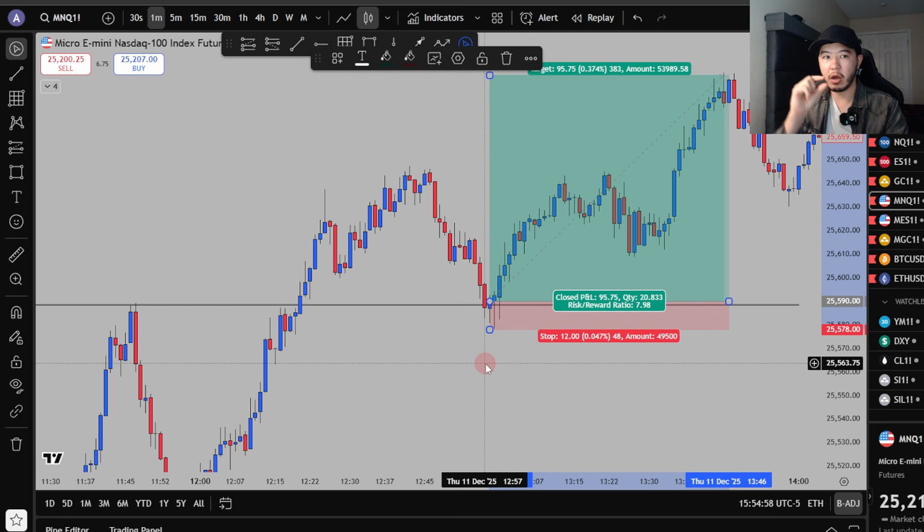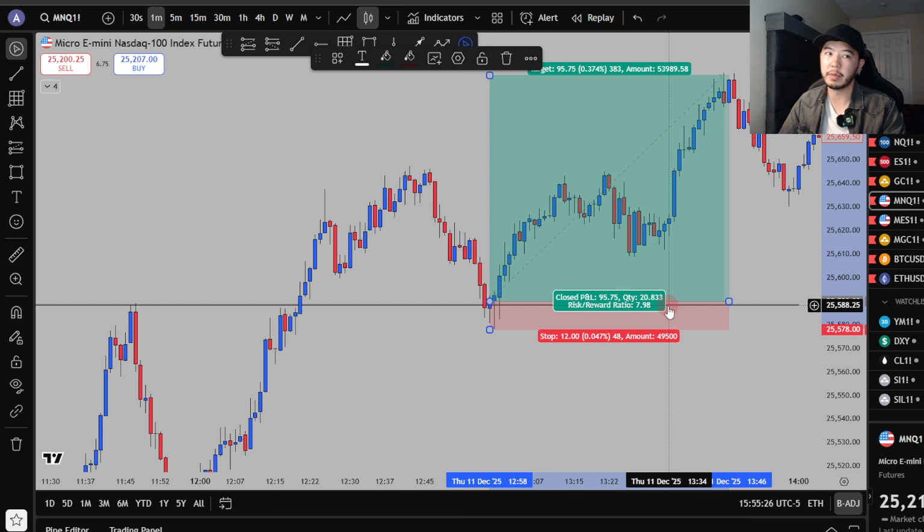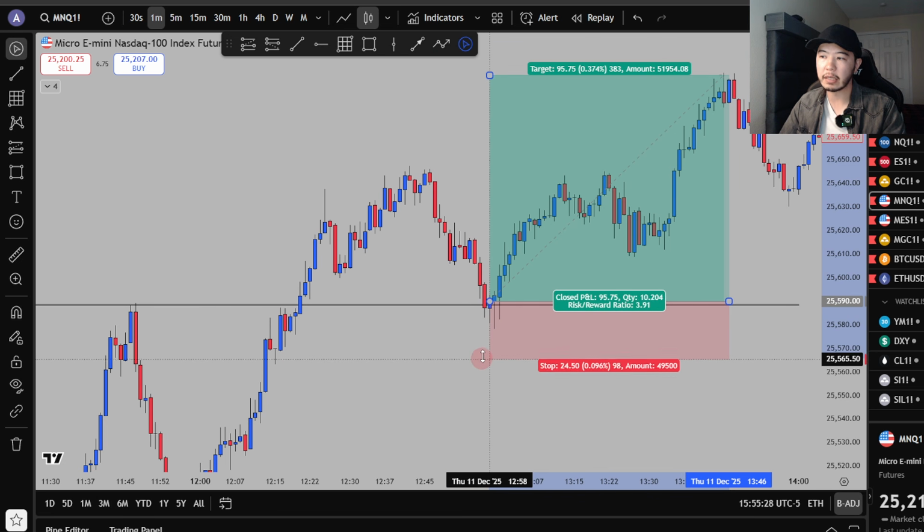So I'm constantly moving my stop loss dynamically to where the price is not supposed to come down and take that area, because it should act as a point of invalidation, meaning if the price comes down to that area, that means your trade is no longer valid. Because if you're bullish, we shouldn't come and visit and take that most recent swing low again. That means there's too many sellers and the price is going to be choppy, and I don't want to be in that trade. So I de-risk constantly.